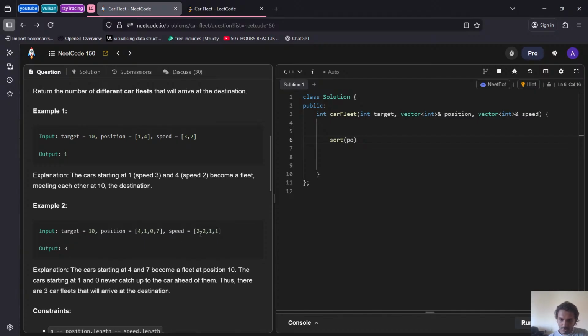We need to sort both position and speed in the same order, or we can calculate the time once for all of these, then sort the times based on position.